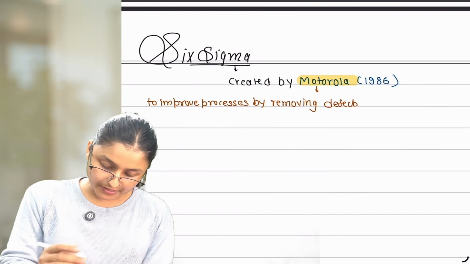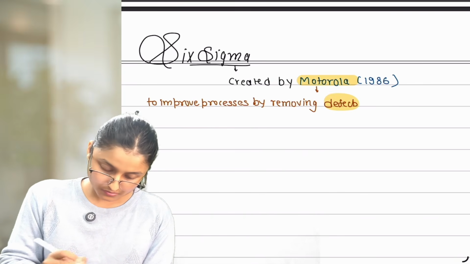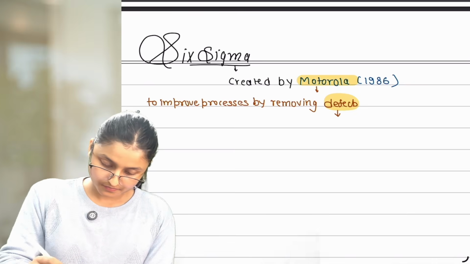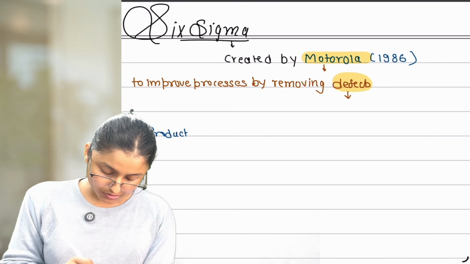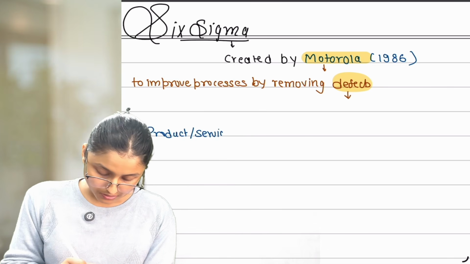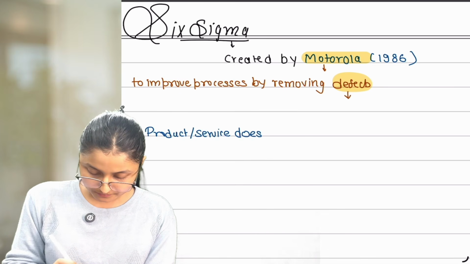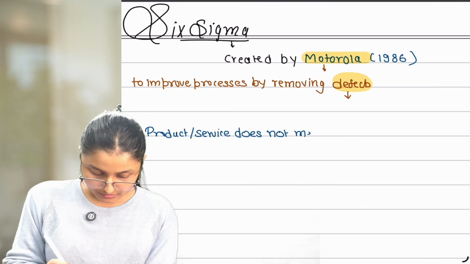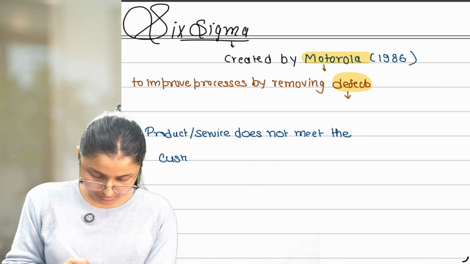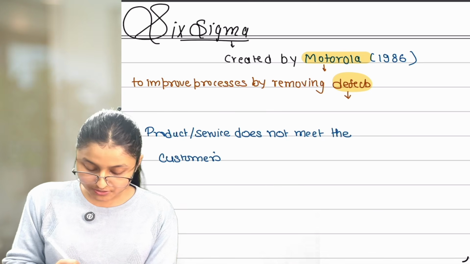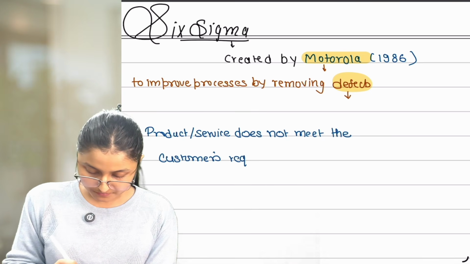Now, what is a defect? If a product or service does not meet the customer's required specification, then it is treated as a defective product.